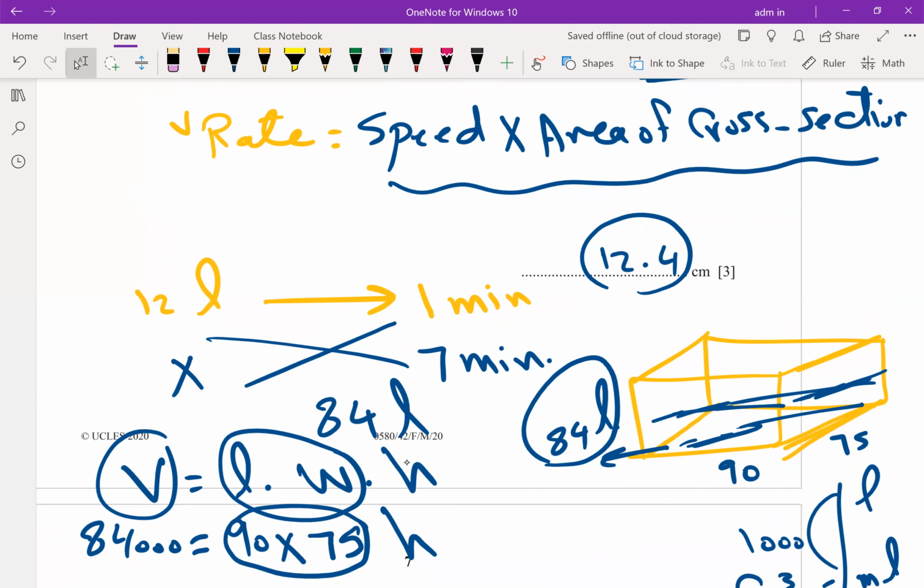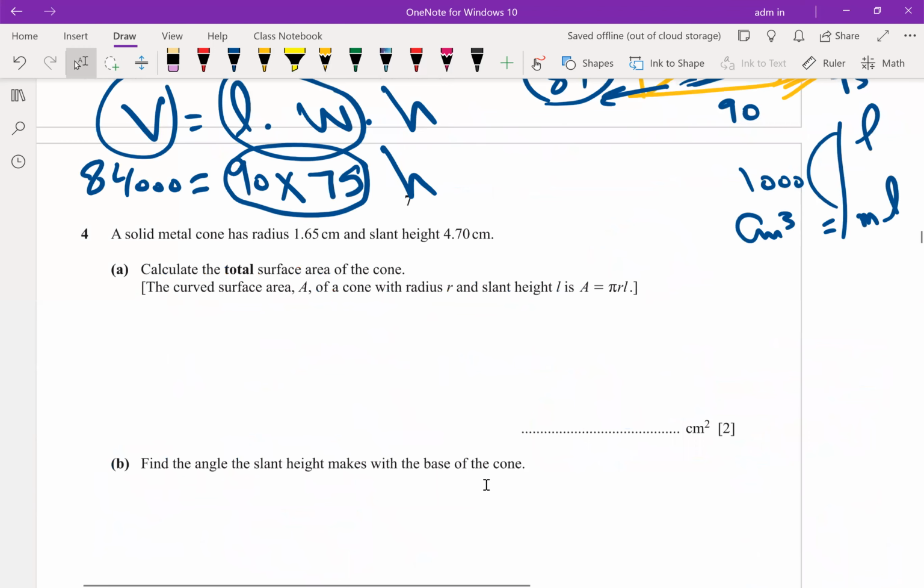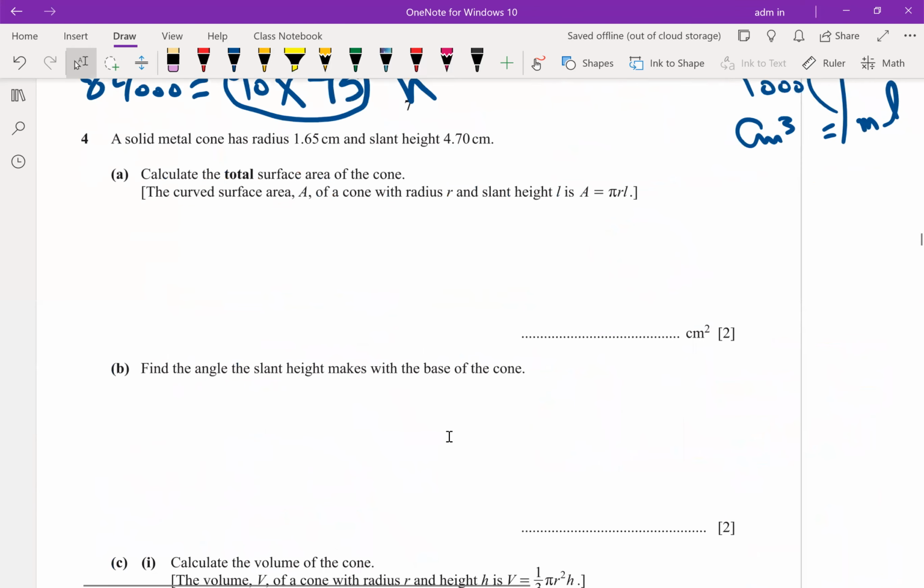This is the volume, length times width times height. So we'll divide the volume by the product of length and width to get the height. But the units of measuring are different. You have to convert from liter to centimeter cube by multiplying by 1000. Clear? Question number 4.